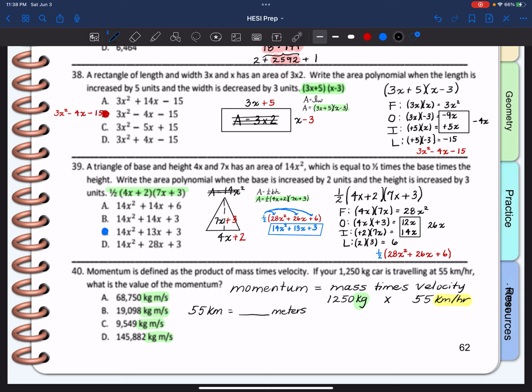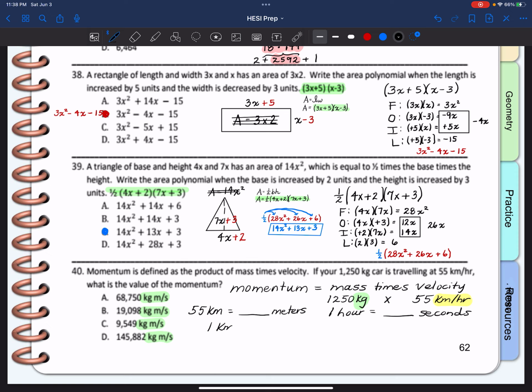And then we need to know how many seconds. 1 hour equals blank seconds. Now, there are a couple of ways, there's more than a couple that you could do this, and I'm going to show you kind of a mixture of both. I'm going to do this one with a proportion.